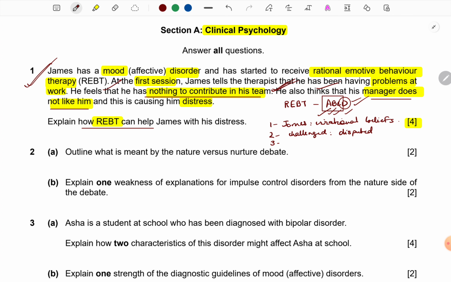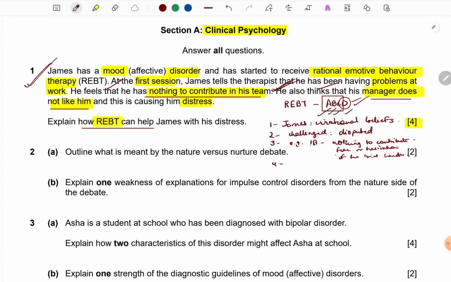So we can illustrate our previous point by saying, for example, James' irrational belief might be that he has nothing to contribute, whereas he does have something to contribute in reality. It could be his fear or hesitation that is preventing him from contributing. If he tries harder, he will be able to contribute. So this is now what the therapist has to make him realize.